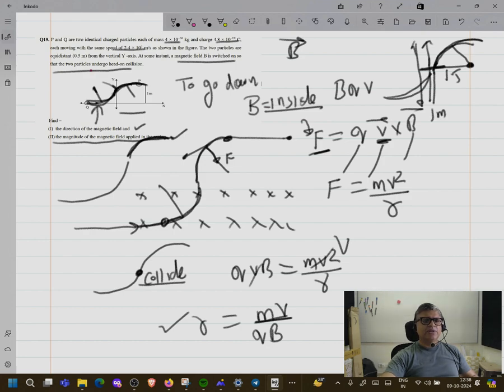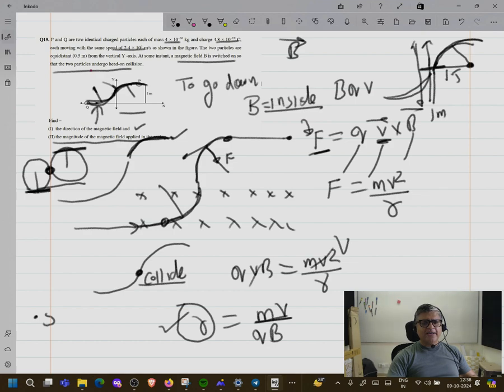So essentially we are saying these are two circles, and the upper circle is like this, and they collide here, right? The total distance from the bottom to the top is 1 meter. So this is half a meter and this is half a meter. So we know the radius also. The radius is 0.5 meter.